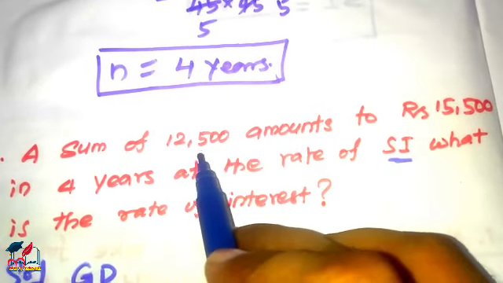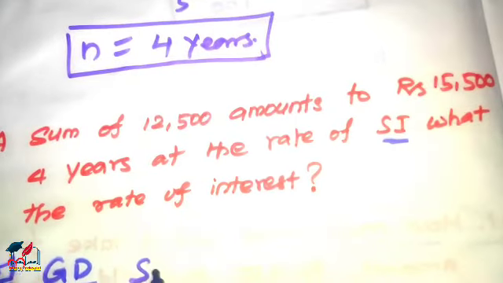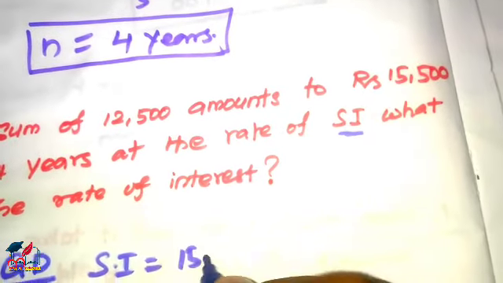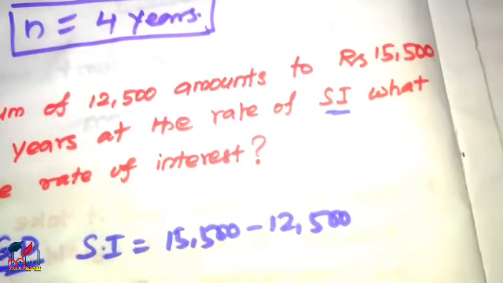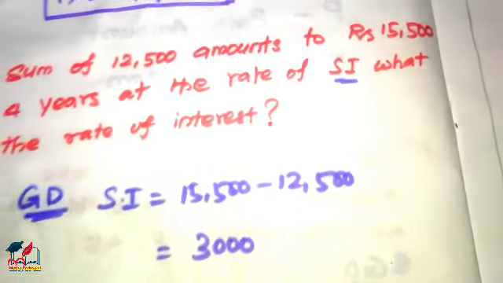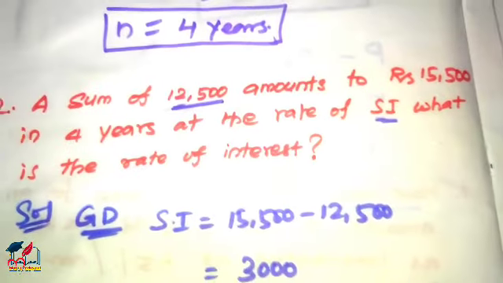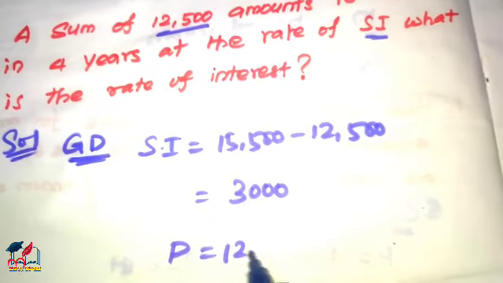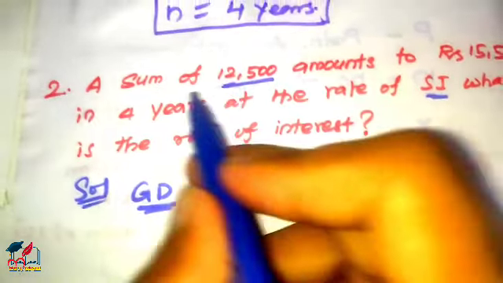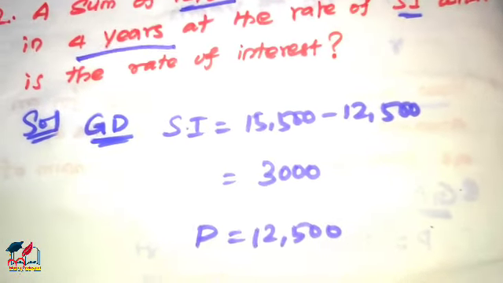The amount 12,500 becomes 15,500. Therefore simple interest is equal to 15,500 minus 12,500 is equal to 3,000. And this is the capital amount, so we can write it as principal P is equal to 12,500, and 4 years given. Therefore N is equal to 4 years.